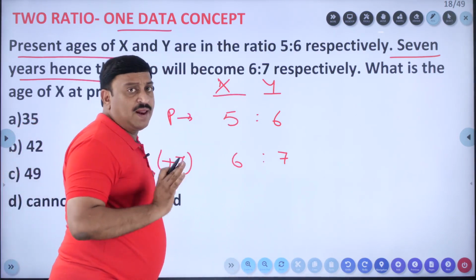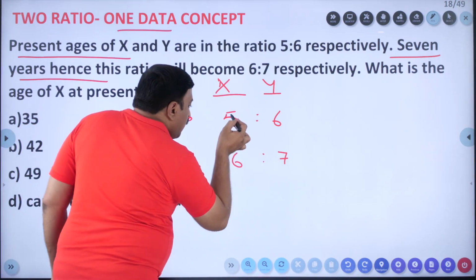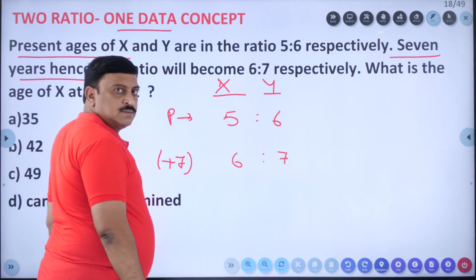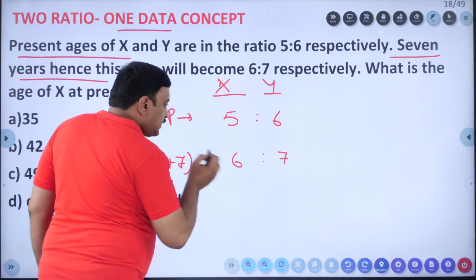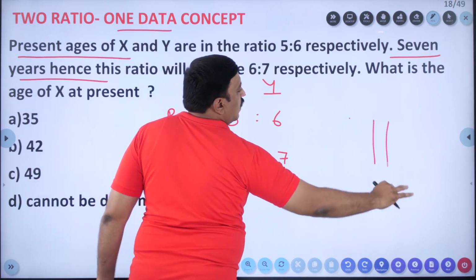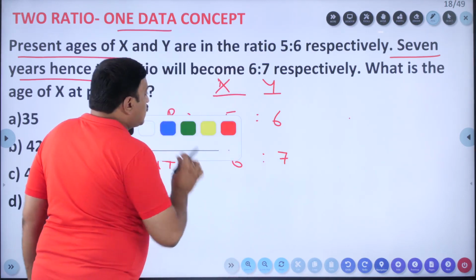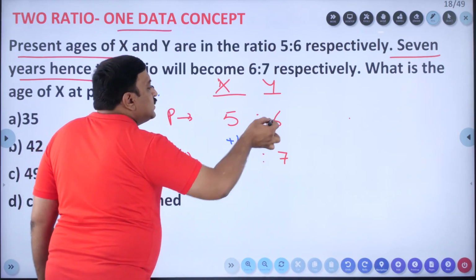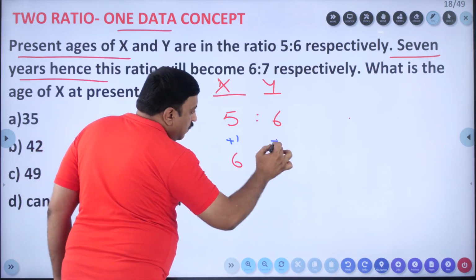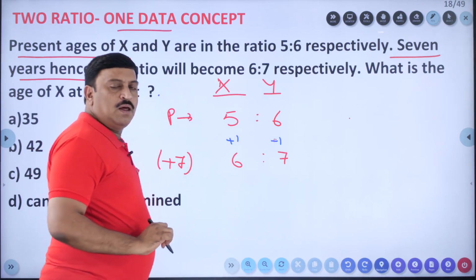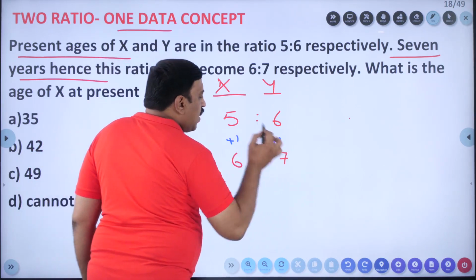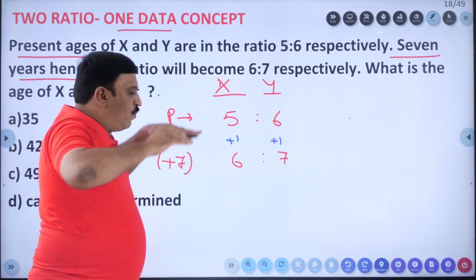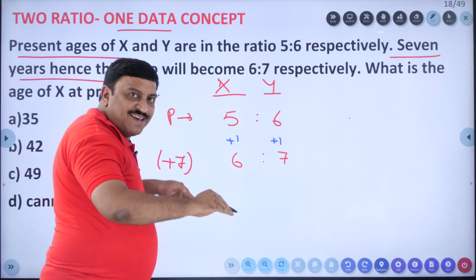What do you mean by balance? 5 plus how much is 6? It is 5 plus 1 is 6. 6 plus how much is 7? 1. So definitely you can say both are equally increasing, is it not?